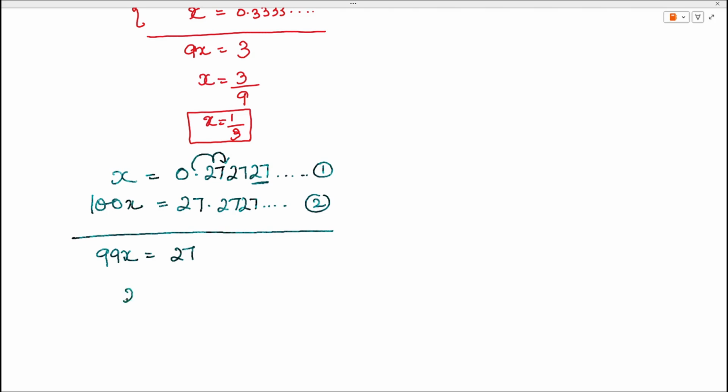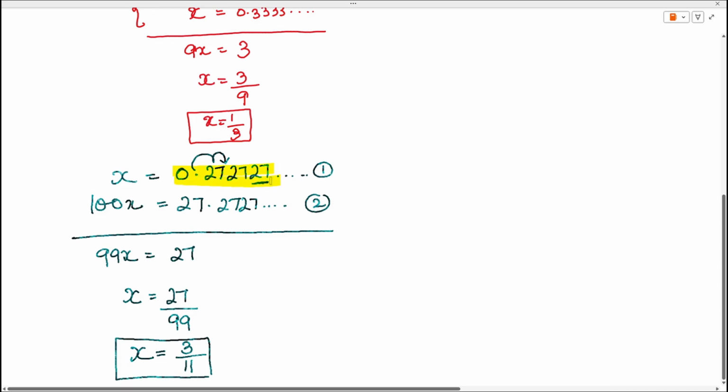Which means we can write x is equal to 27 over 99, as multiplication comes into division. And 27 and 99 being divided by 9, we can reduce it to x is equal to 3 over 11. So this is our fraction for this repeating decimal.